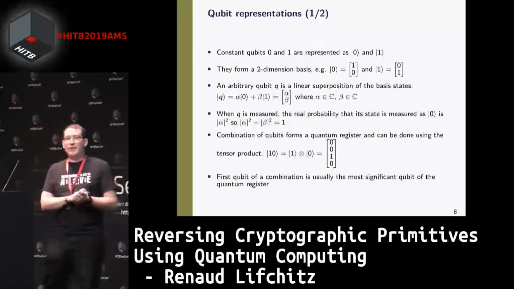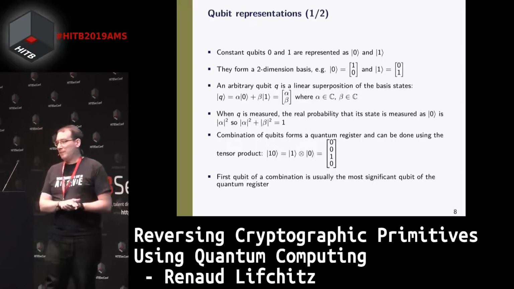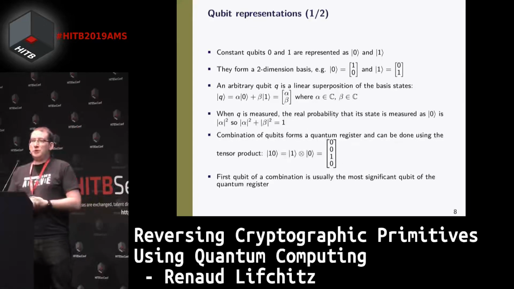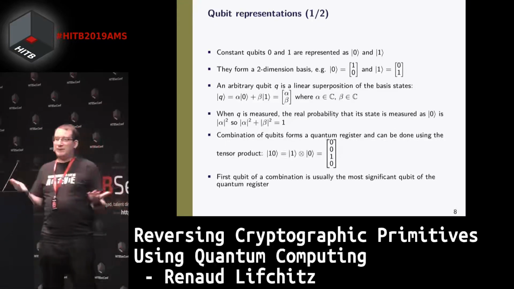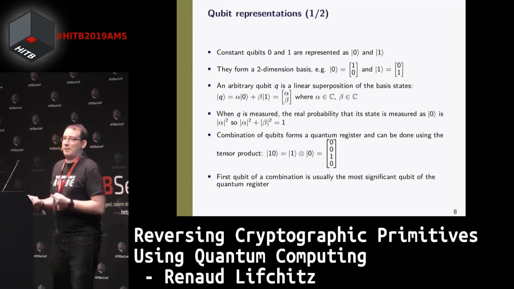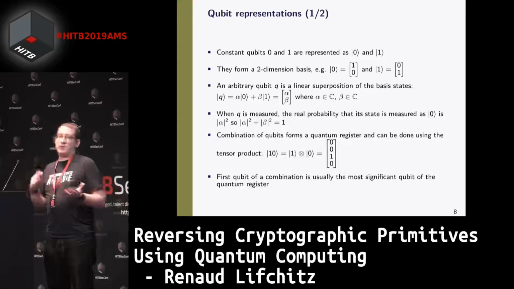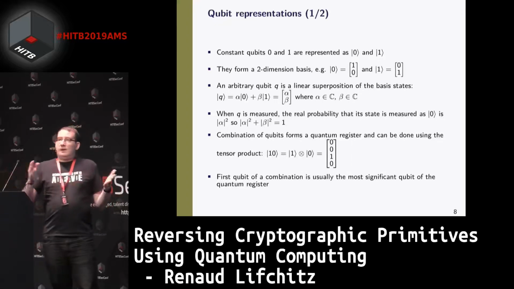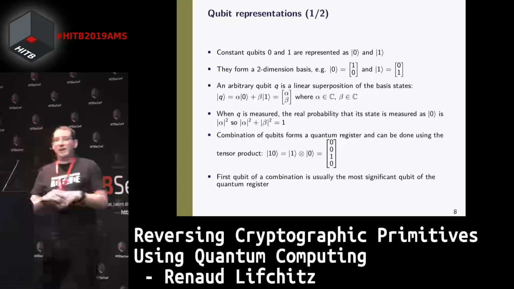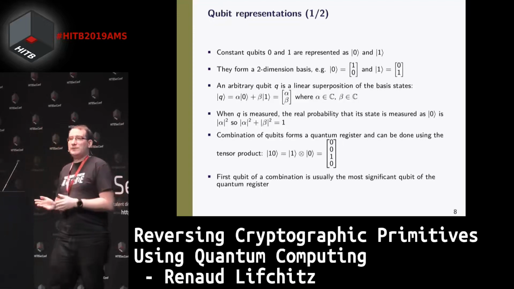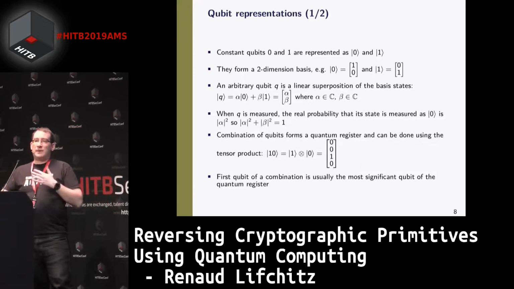So how does it work? In traditional computing, you use bits as information. In quantum computing, you use qubits, that is to say particles that can be 1 or 0, like bits, but that can also be a superposition of 0 and 1, because the particles can behave like 0 and 1 once they get measured. When they get measured, they have a fixed value, but before that they behave like they are at the same time 0 and 1.